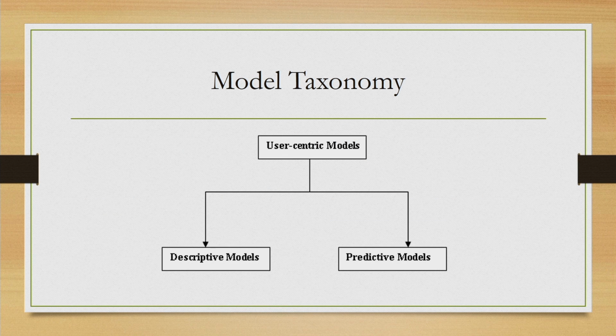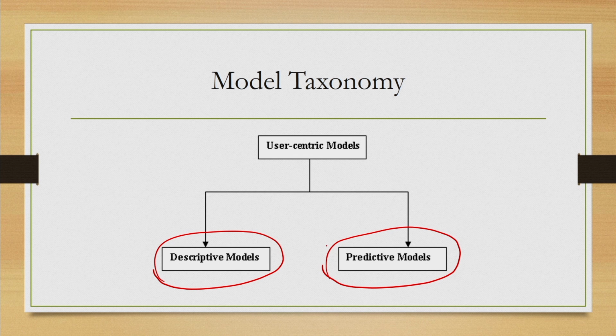So, accordingly, we can create a taxonomy of all sorts of models. So, user centric models we can broadly divide into descriptive models. So, this is one class of model which describes the behavior, and predictive models which computes the behavior.